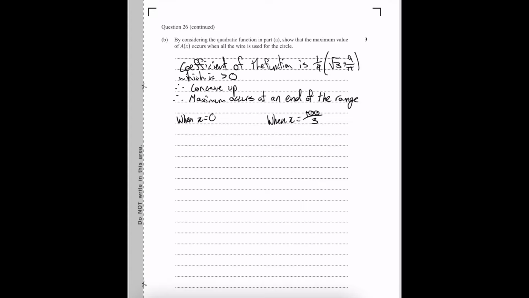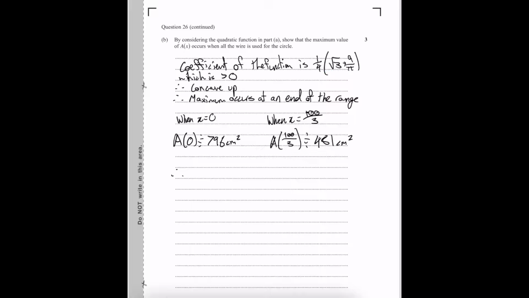Essentially, I'm going to skip a few steps, but I'm going to say the area when x is equal to 0 is roughly equal to 796, and the area when x equals 100 on 3 is roughly equal to 481. This should be centimeters squared.